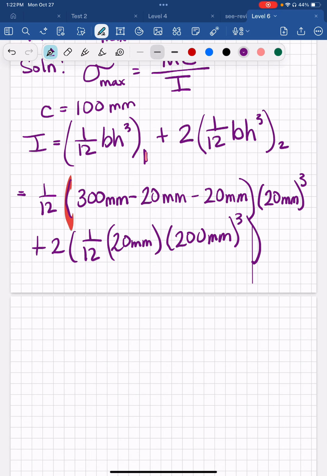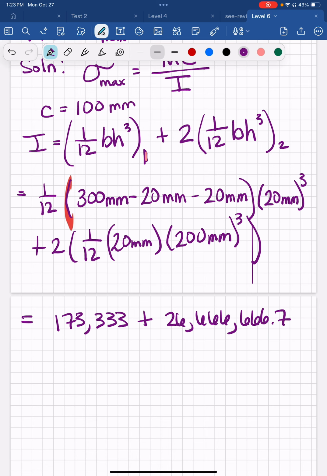So now we can just calculate that out. It helps if I have my calculator. The first bit of it is going to equal 173,333, plus the second piece, 26,666.7.